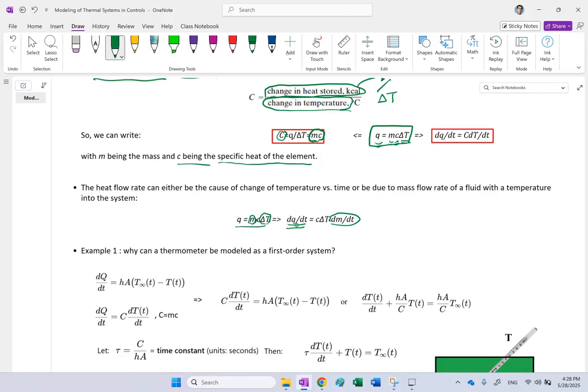So you see that a heat flow rate can come from a flow rate itself in terms of meters cubed per second or liters per second or per minute or anything, times C times the difference between the inlet or outlet flow and the system, basically material or system temperature. Okay, so this is another thing, and we are going to use that in the examples that you're going to see.